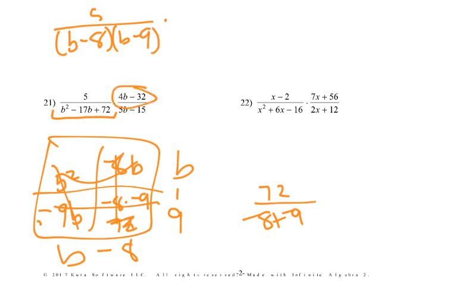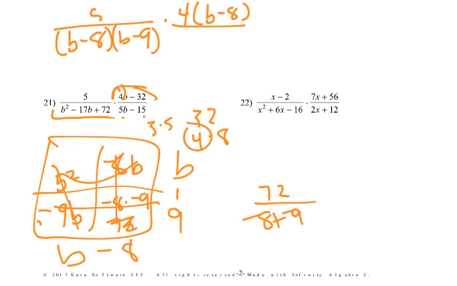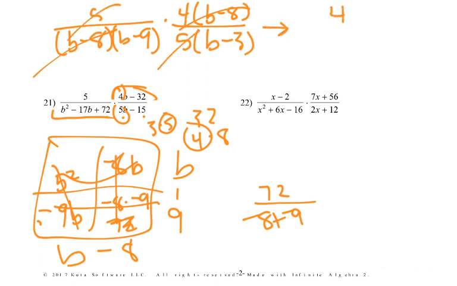times, then a 4b and a 32. 32 is like 4 times 8. So if I pull out a 4, I get 4 times b minus 8. The bottom is a 5b minus 15. 15 is 3 times 5, so I can pull out a 5. I'd be left with b minus 3. So b minus 8's cancel, 5's cancel. On the top I'm left with 4.